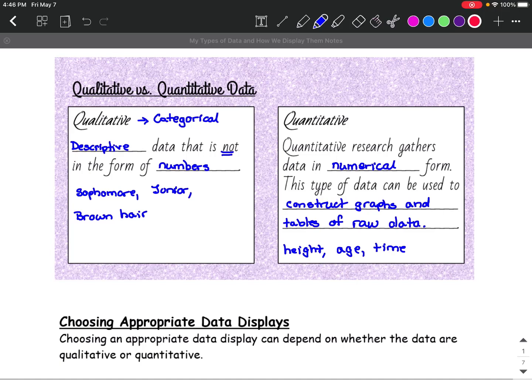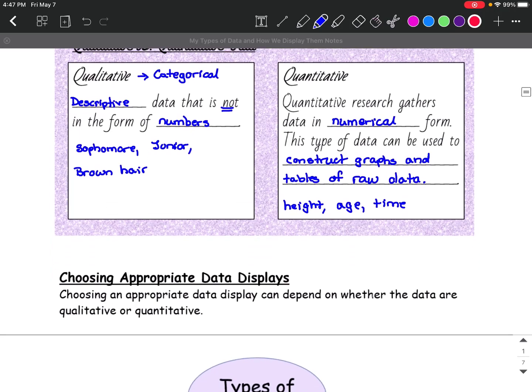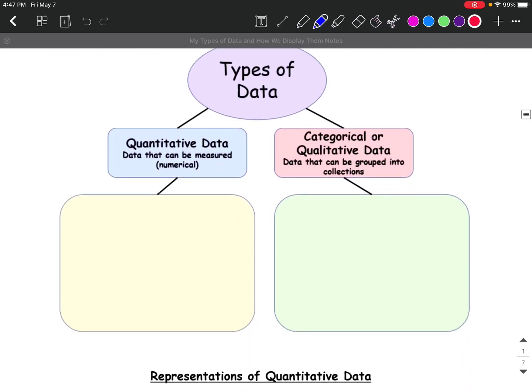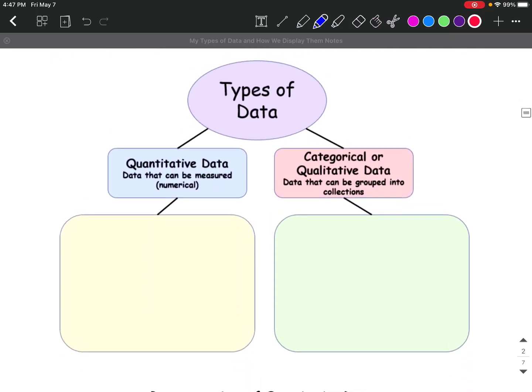Now, once you have your data, you have to choose an appropriate display for this data. And that's going to depend on whether the data are qualitative or quantitative pieces of data. So, if we have quantitative data, now remember, quantitative, those are data that can be measured by numbers. Some ways that we might represent that type of data might be in a histogram.